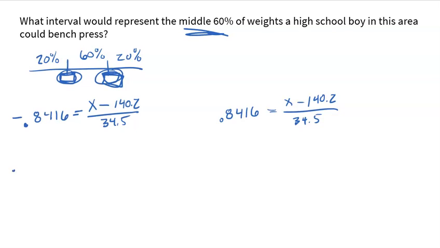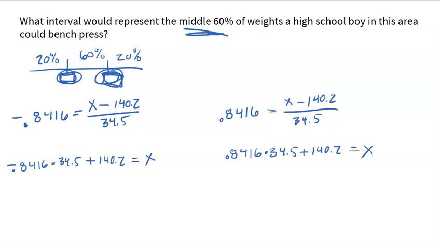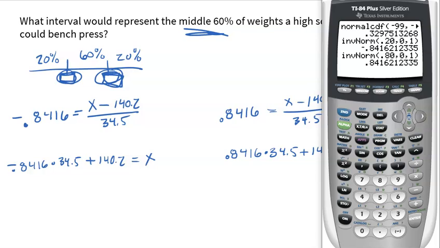So I'm going to take the negative 0.8416, multiply by 34.5, add the 140.2, and I'll get my answer for x. And same thing over here, take the positive 0.8416, multiply by the 34.5, add the 140.2, and I'll get my answer on that side of the interval. So again, pretty easy to do this by hand. It doesn't take a whole lot of work to do.